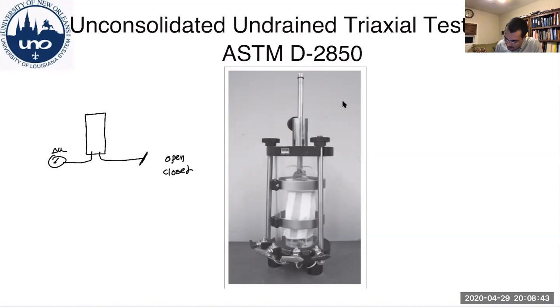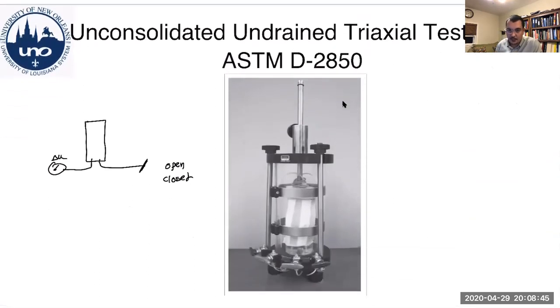So basically you have two phases in a triaxial test. First you have the consolidation phase, and that's where you apply this sigma 3, the minor principal stress.